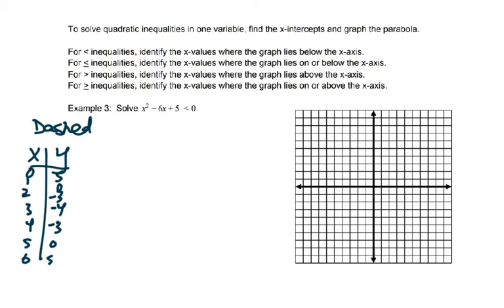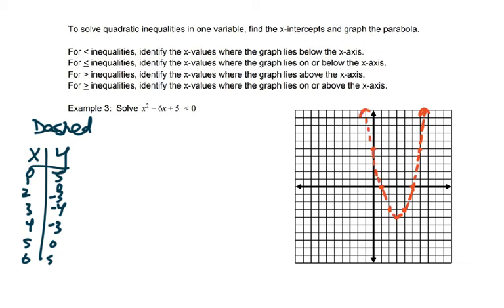So we're gonna plot those points. Again, this will be dashed. So right 3 down 4, and then the negative 3, the 0, and 5. Dash, dash, dash, dash, dash.